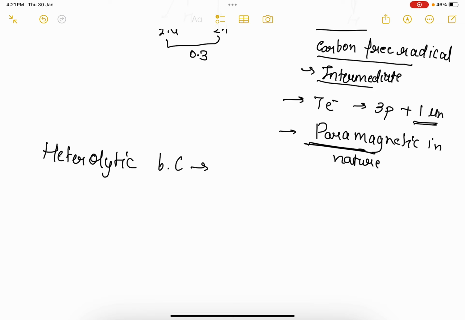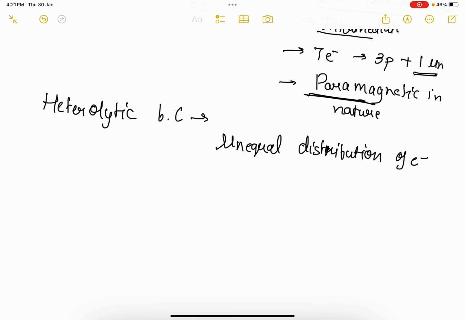Heterolytic bond cleavage is the bond cleavage in which unequal distribution of electrons takes place. Suppose there is a bond between A atom and B atom, and B atom is more electronegative than A atom.